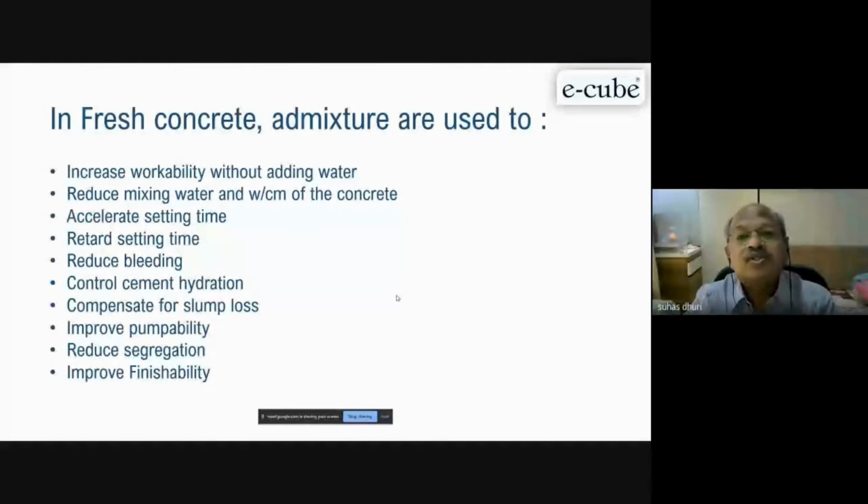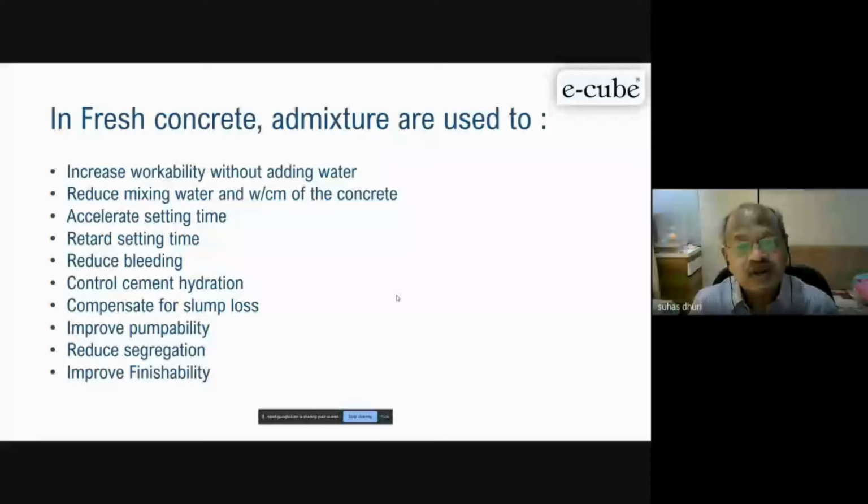Compensate for slump loss. Now, two things are happening here. Some admixture, if you add, you get initial good flow, but with time you'll find there is a sudden drop in the slump or the flow. So that can be controlled or compensated using certain admixtures.